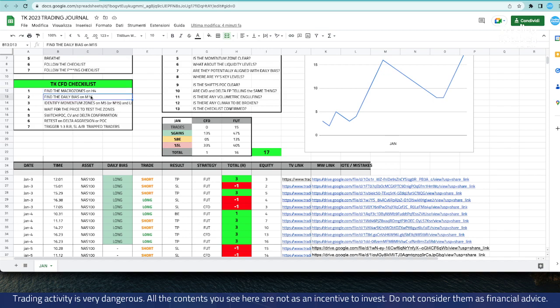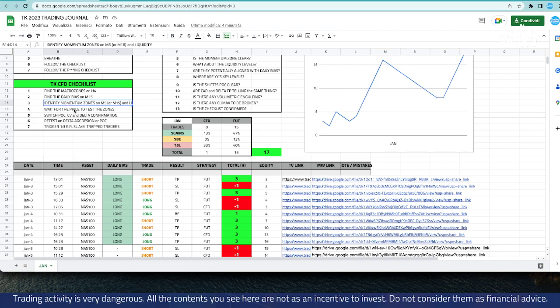Then I want to find the daily bias on the 50-minute time frame and identify the supply and demand zones, the momentum zones, the order blocks, call them as you want. This is truly important for me, because in these zones I will probably open the trade.